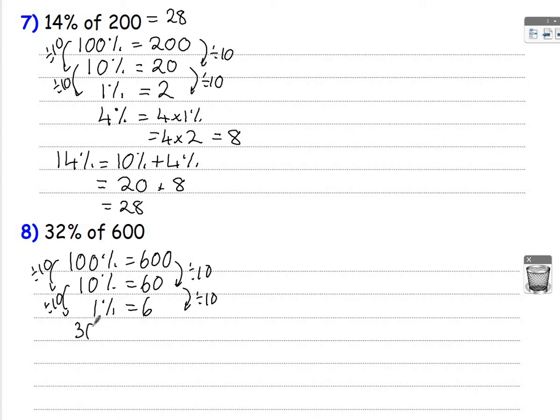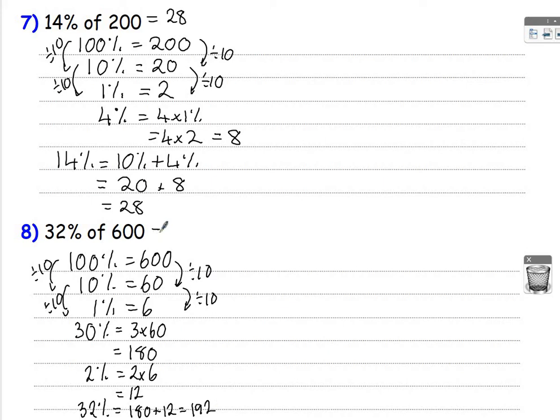So I'm going to need 30%, aren't I? So that's going to be 3 lots of 60, which is 180. I need 2%. So 1% is 6. 2% is going to be 2 lots of 6, so 2 lots of 1%, which is 12. So that means that 32% is going to be 180 add 12, which is 192. So the answer to this question is 192.